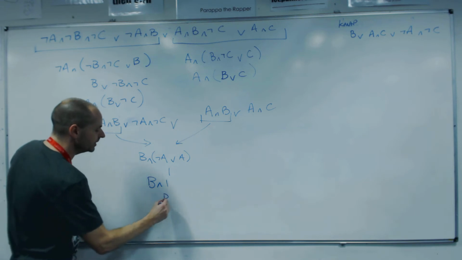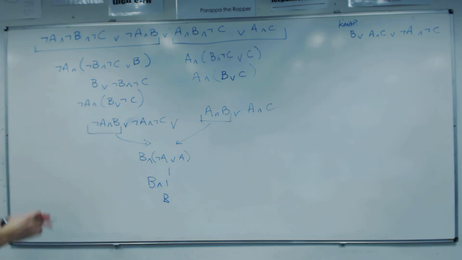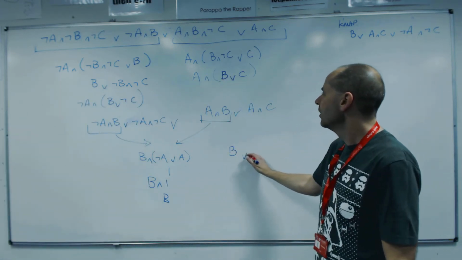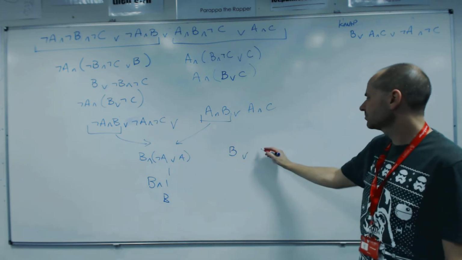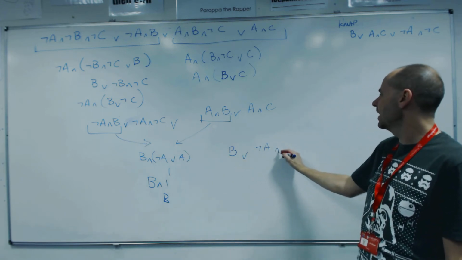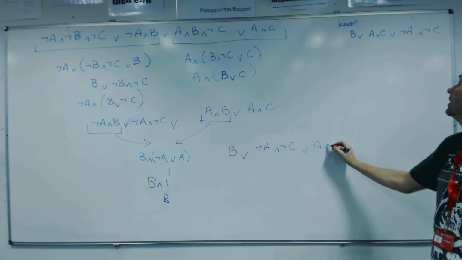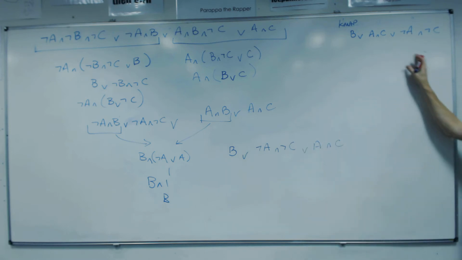So that reduces to B. So actually, once we've looked at that, we say, right, okay, let's see what we got left. So we got A B, or, and then we add this thing. So not A and not C, and then we got this bit at the end, or A and C. Now they're not identical, but that's just because of the way they're rearranged.